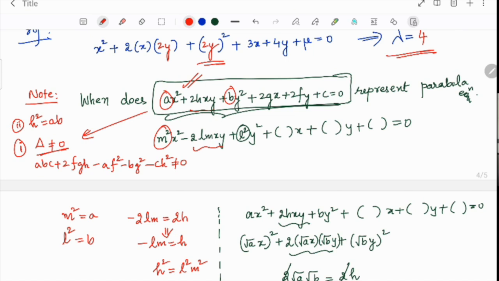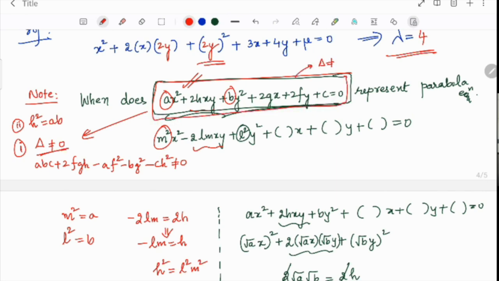Similarly, in case of a circle also, delta not equal to 0 is definitely one condition. In case of a circle, the x² coefficient and y² coefficient are the same, and the xy coefficient should not be there. On top of that, one more condition: we should not be able to break the equation into a pair of straight lines, so delta not equal to 0. So when is this representing a parabola?